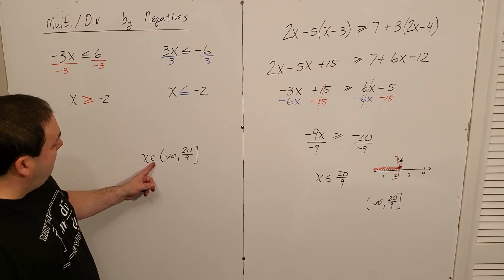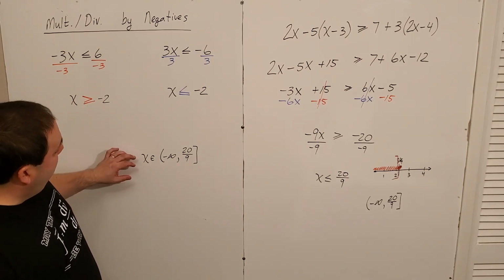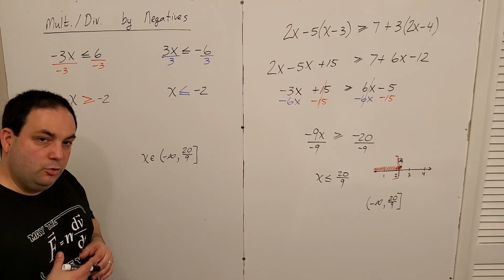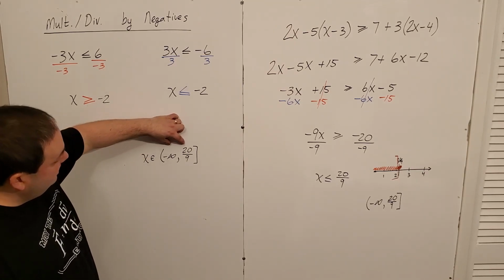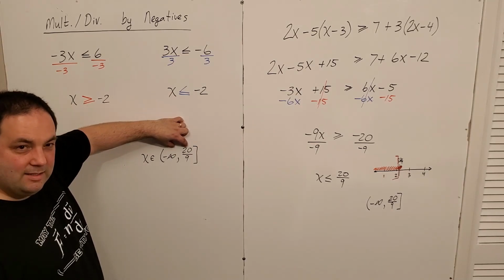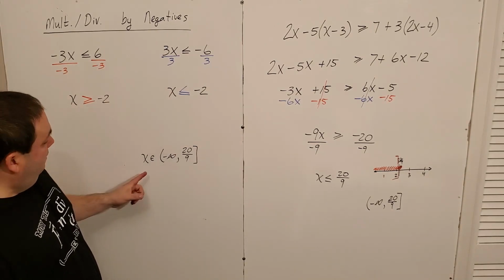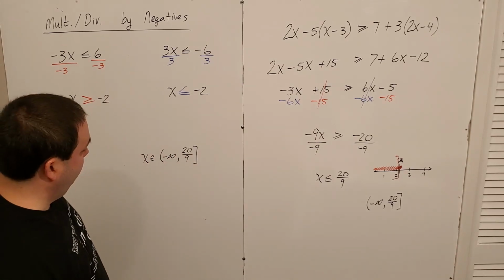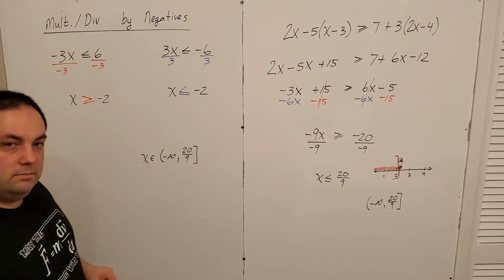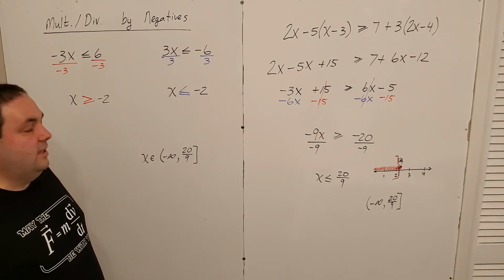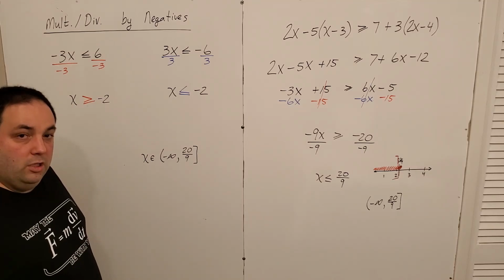Or X is a member of this set. It's the same thing as putting an equals on a single solution, okay? But this isn't a single solution, so I can't say that X is equal to the set. So don't put equals. We have this symbol for meaning is a member of, is an element of, okay? So just in case you ever see that, I'm going to demystify it there for you. And I hope this lecture helps you in solving your linear inequalities.